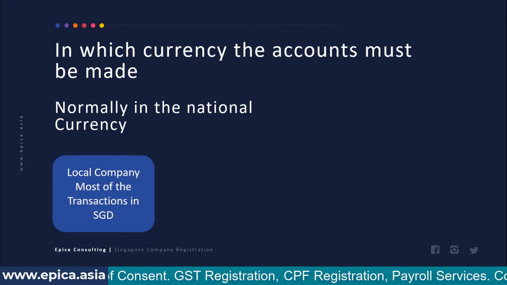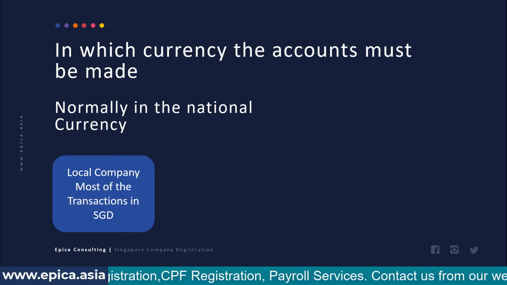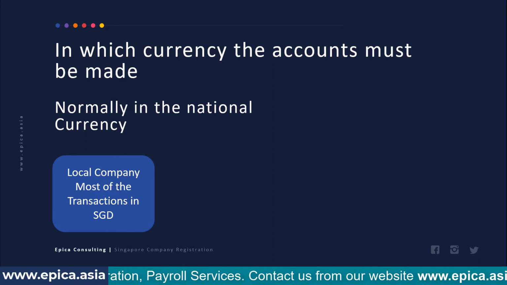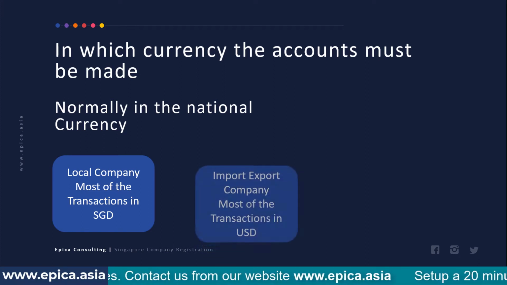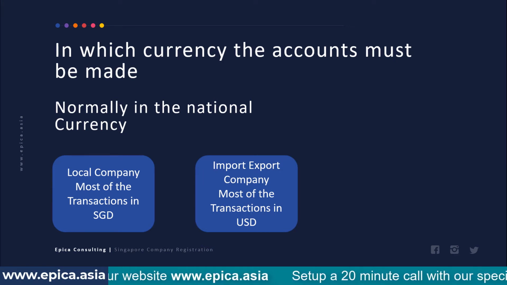The first example is a company which is focused locally and it conducts business in Singapore primarily, and most of the transactions are in Singapore dollars. There is another company which is involved only in import and export of goods, and most of the business is overseas.